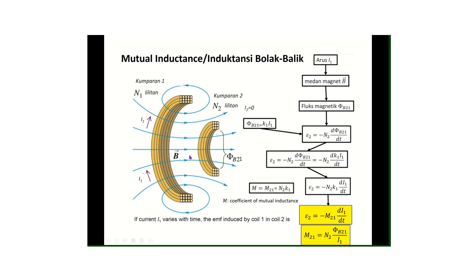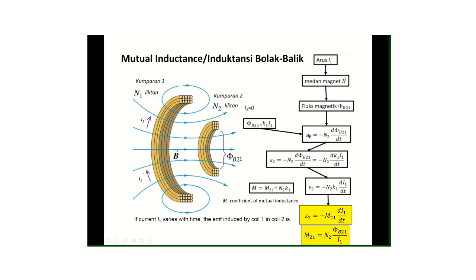The changing magnetic field produces a changing magnetic flux penetrating coil 2, and then we obtain the induced EMF in coil 2. That's the basic concept of mutual inductance.